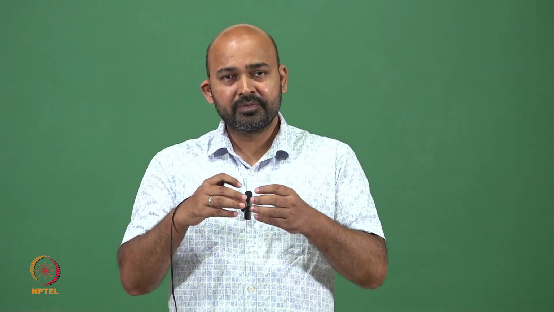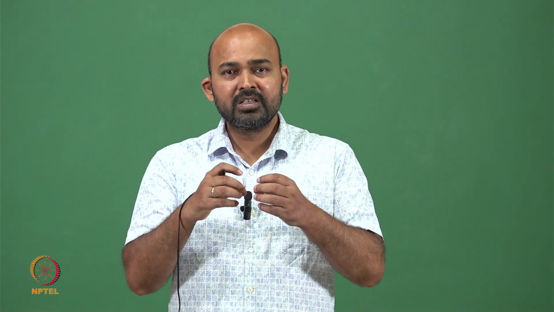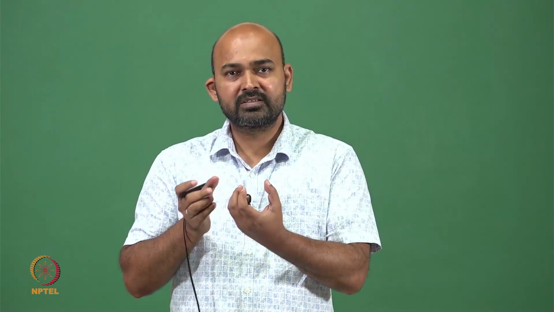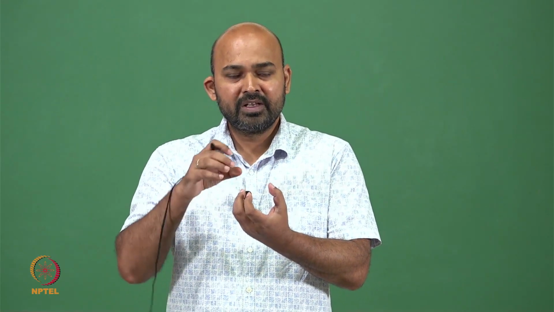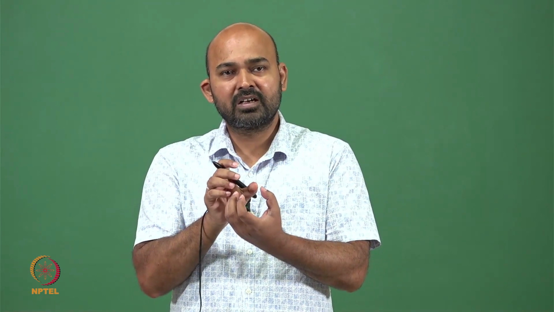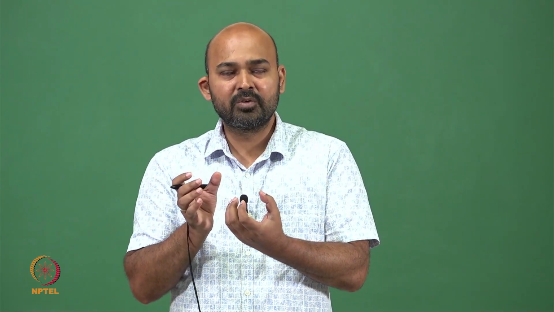Based on that, the spacing between the grating changes. So earlier, let's say this is 100 nanometer. When the grating is subject to some higher temperature, then this 100 nanometer becomes 110 nanometer.